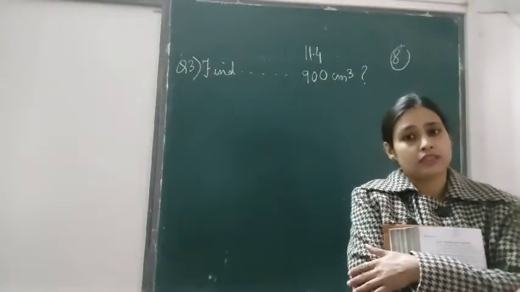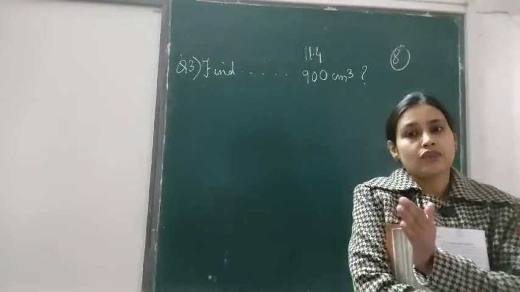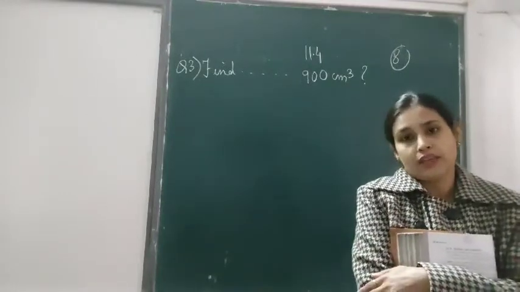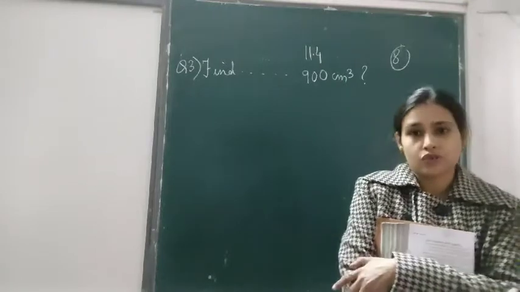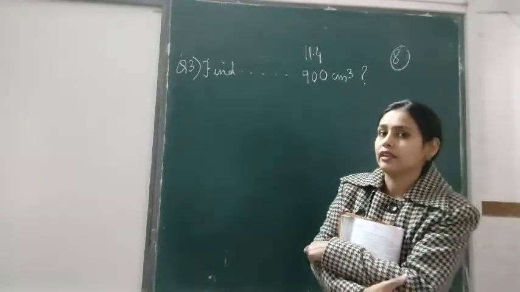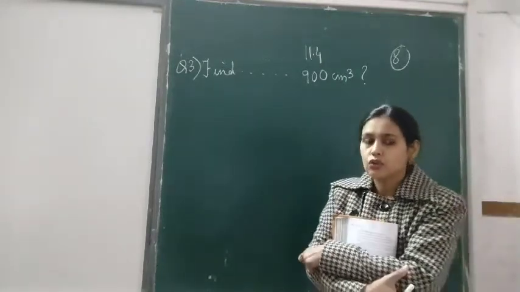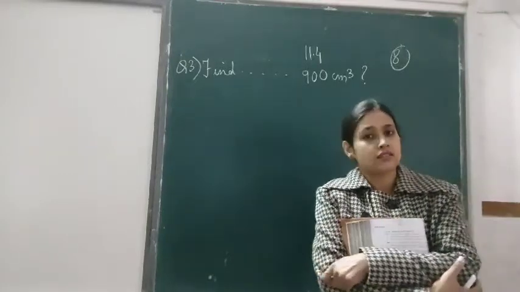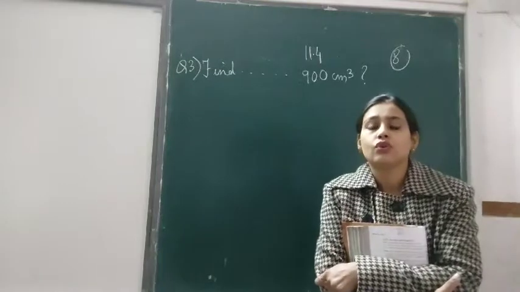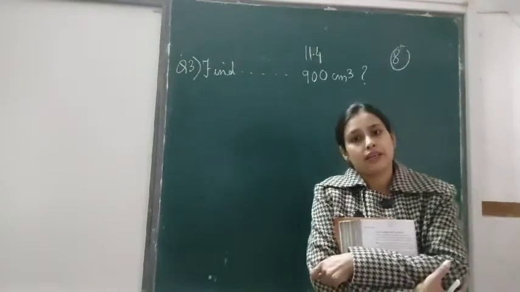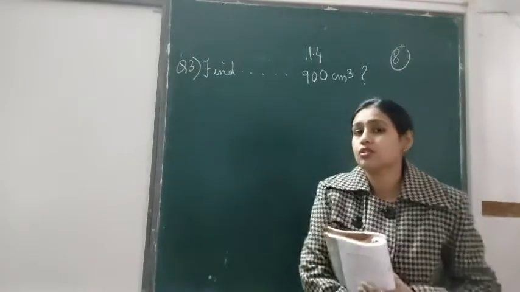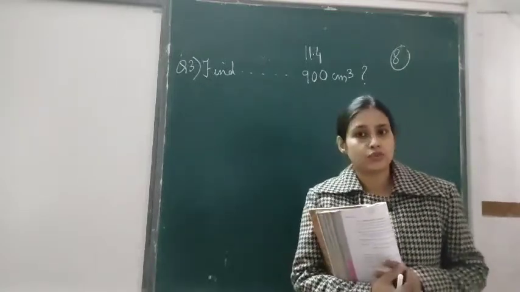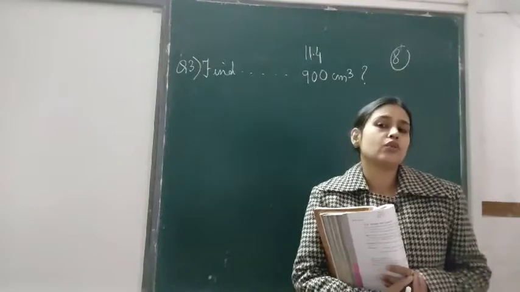And if we talk about the cylinder, it is the area of the base into height, and the area of the base of the cylinder is pi r square, because the base of the cylinder is a circle. So the area is given by pi r square into height, that is h. So the volume is pi r square h. Okay, so these are the three formulas which we will be using in this exercise to solve the questions.